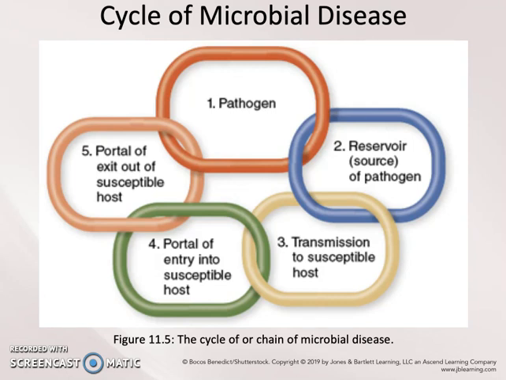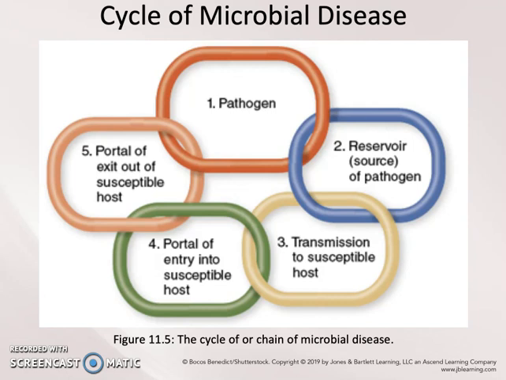In the case of active carriers, humans are playing the role of reservoir. However, there are other reservoirs to consider, including reservoirs that involve domesticated and wild animals. Many different mammals can act as reservoirs of human diseases, and the closer those mammals are to humans, evolutionarily and physiologically, the easier it is for that microbe to cross the species barrier, moving from a different species into the human species.